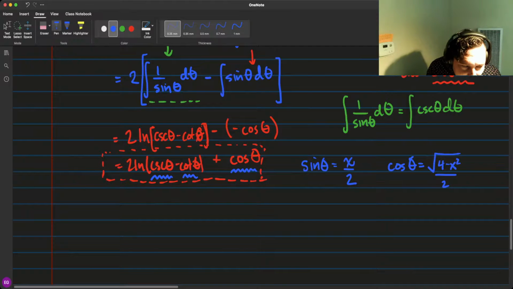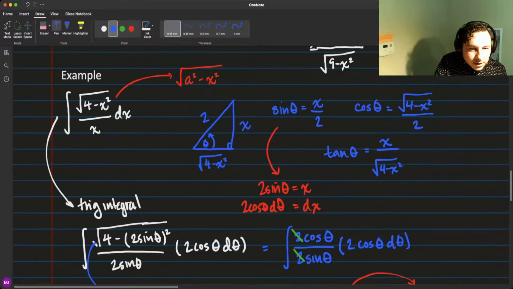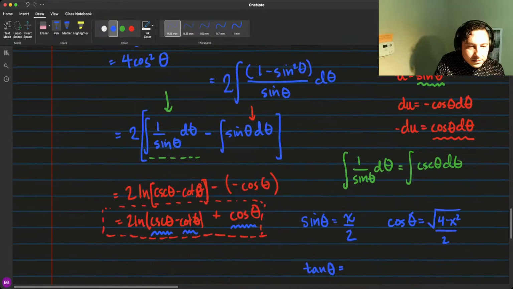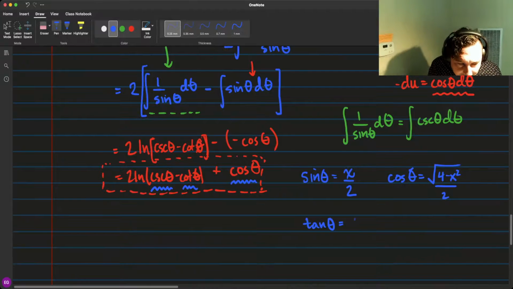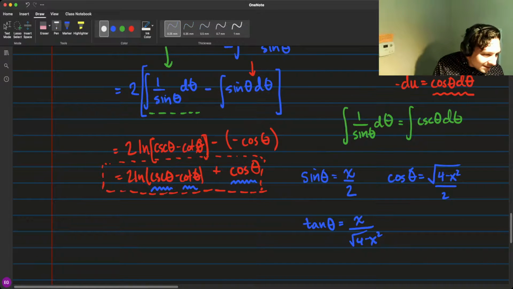And then I had written this down. Tangent of theta is equal to... let's go back up and look. x over the square root of 4 minus x squared. So now we can start making some replacements.